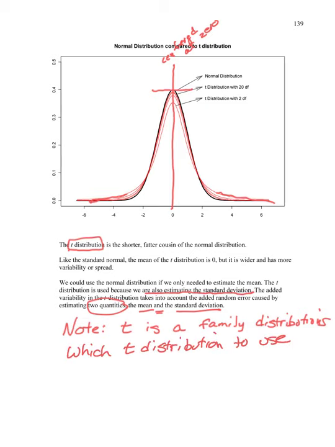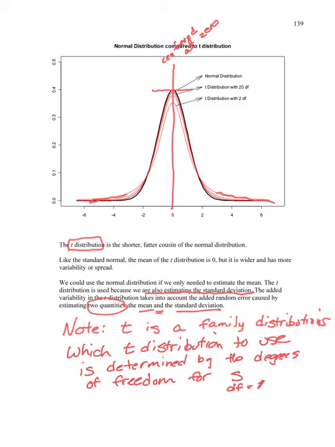Which t-distribution to use is determined by the degrees of freedom for S, the sample standard deviation. Way back at the beginning of the semester, we talked about how the degrees of freedom for the sample standard deviation was n minus 1, and dividing by n minus 1 in our estimate gave us a better estimate of the population standard deviation.